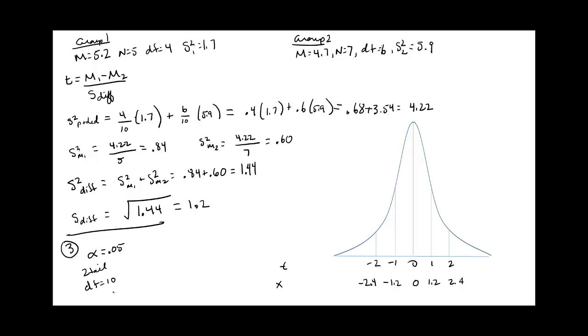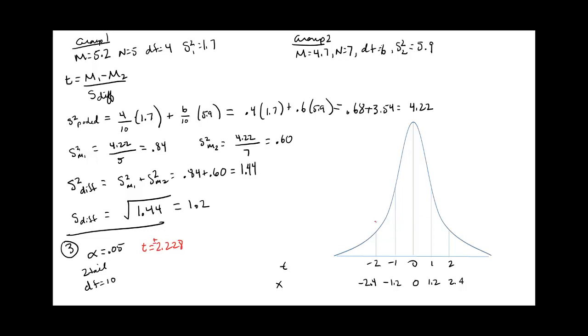When I consult a t-table, a two-tailed test at the 0.05 significance with 10 degrees of freedom, we're looking at a cutoff value equal to 2.228. So our cutoff t is equal to 2.228, and that's positive or negative.